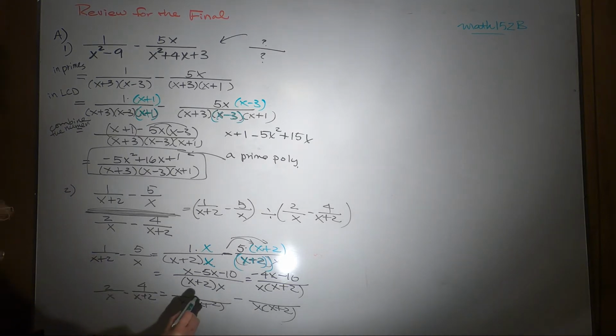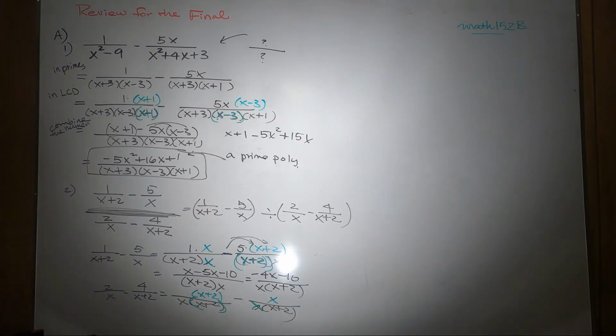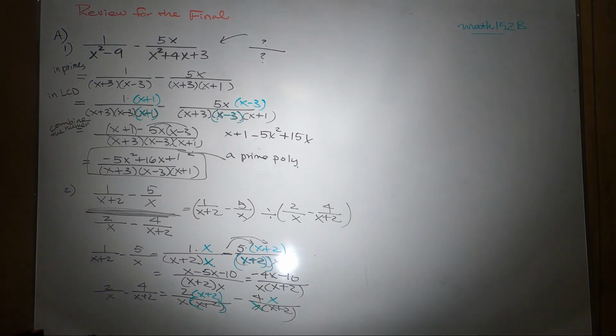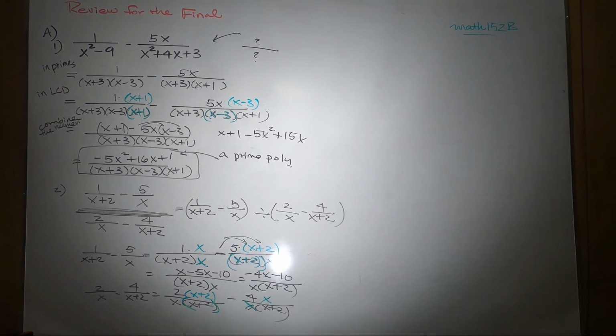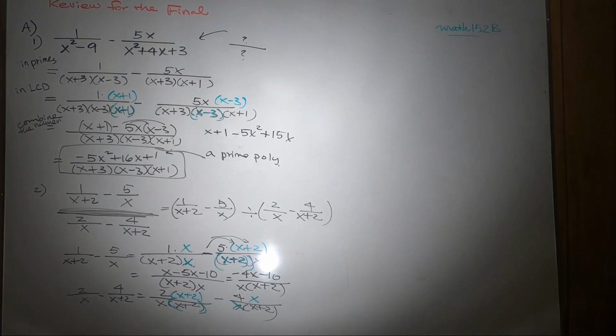So this one, x plus 2 is extra. This one, x is extra, right? Then multiply the original, that's 2, that's a 4, right? Then we put them together, what do we have?